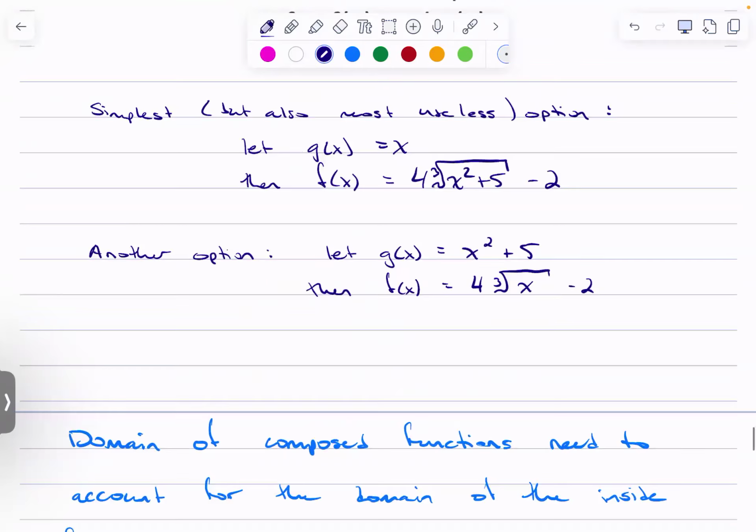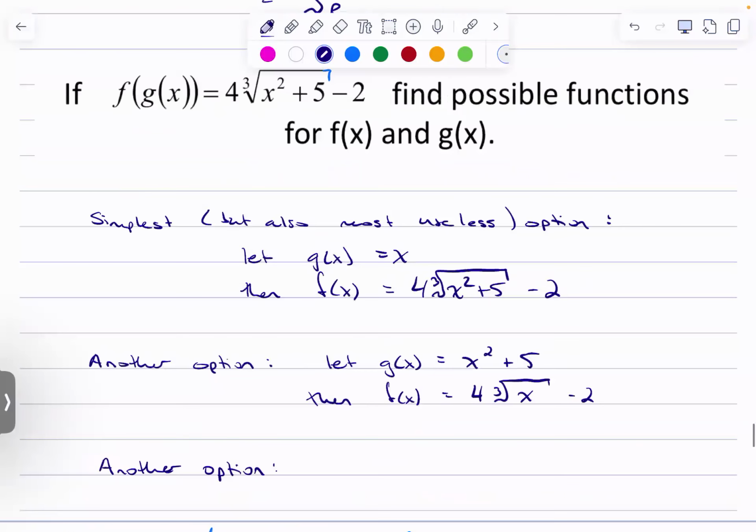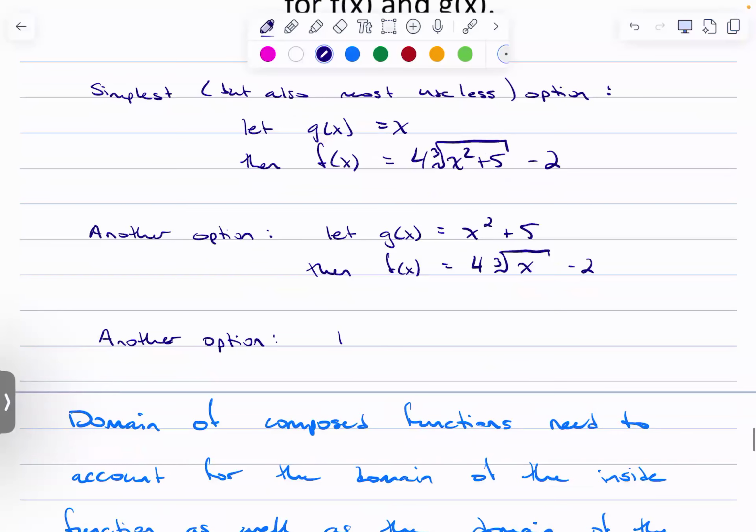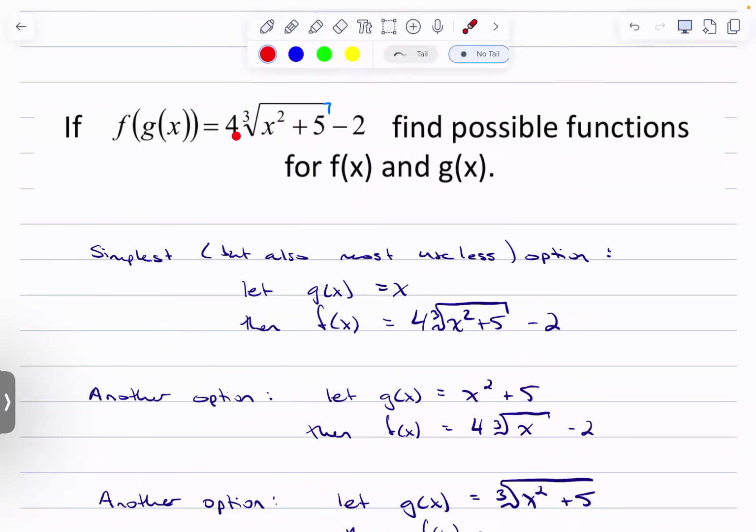For us, it's just some good practice. Another option could let that whole third root be g of x, right? Usually that's a good choice. And so then if I let g of x be the third root of x squared plus 5, then f of x just has to be the rest of it, 4x minus 2.